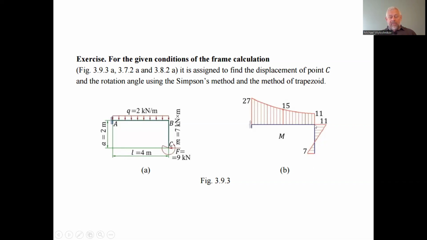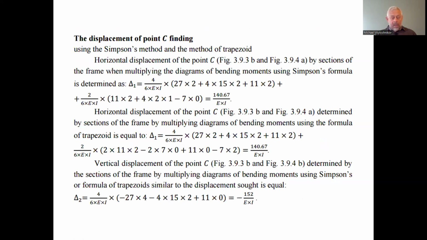In the brackets we have the first summand, 2, this factor of the trapezoid rule, product by 11, product by 2.